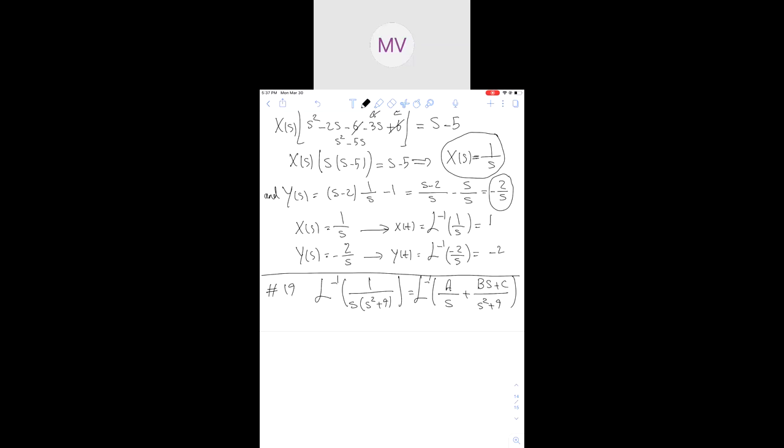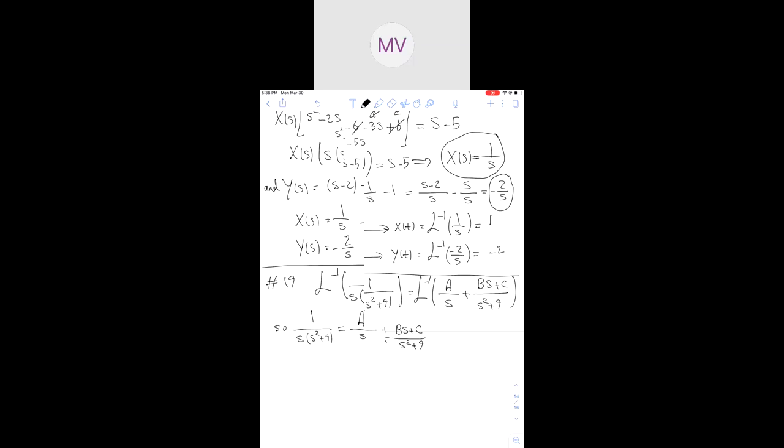We add the two fractions, it has to be equal to the initial one, and then set them equal to each other. So 1 over s times s squared plus 9 has to be a over s plus bs plus c over s squared plus 9.